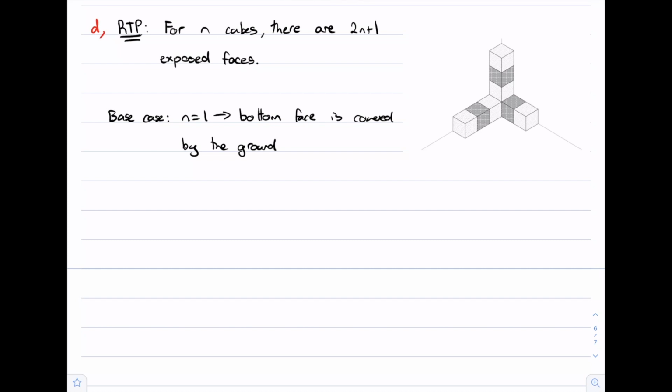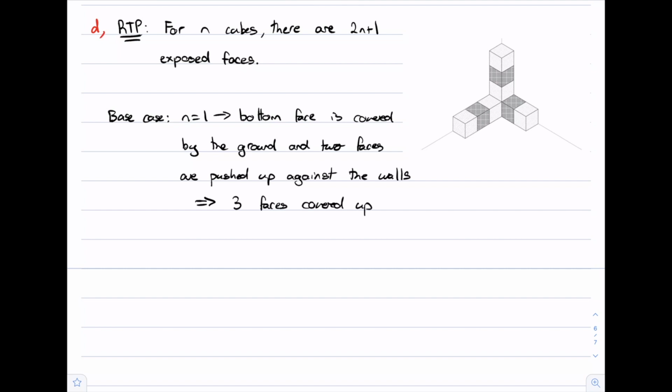So the bottom face is covered by the ground, and two faces are pushed up against the walls. That means that we have 3 faces which are covered up, which means that we have 6 total faces minus the 3 which are covered up, which equals 3 faces exposed.